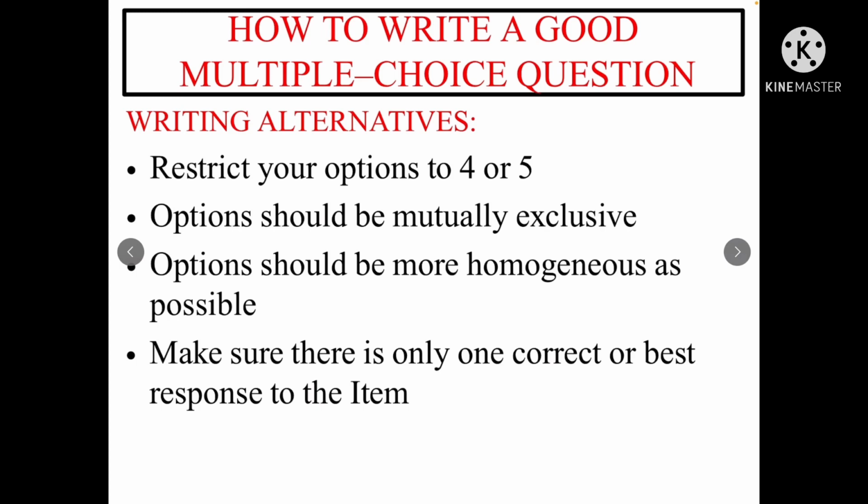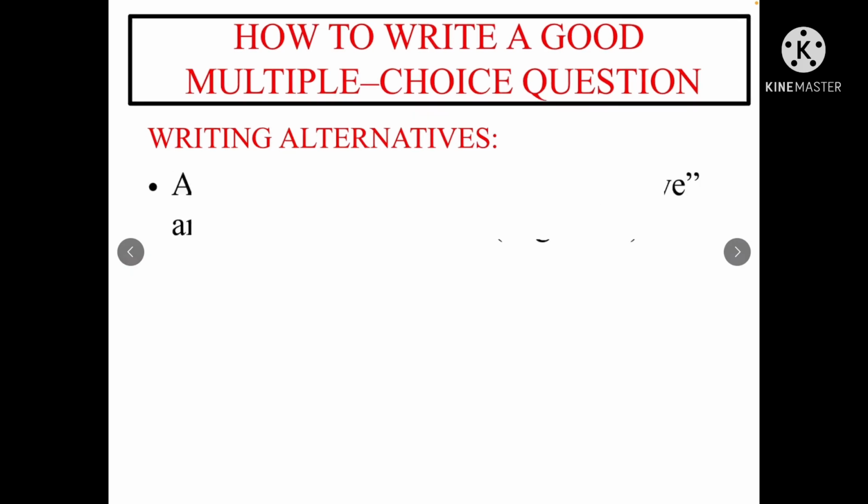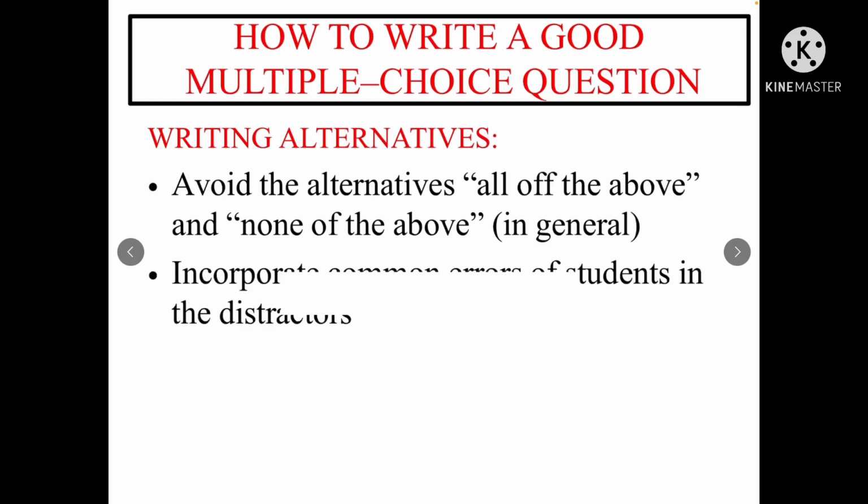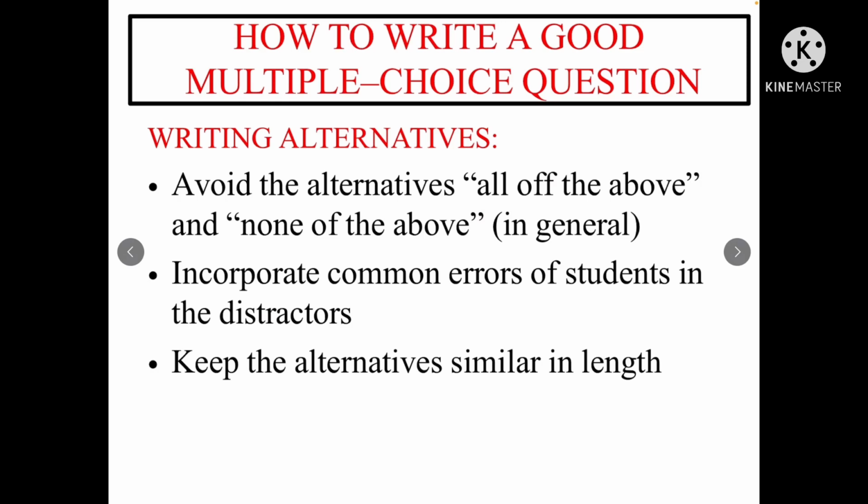Make sure there is only one correct or best response to the item. Avoid the alternatives 'all of the above' and 'none of the above'. Incorporate common errors of students in the distractors. Keep the alternatives similar in length.